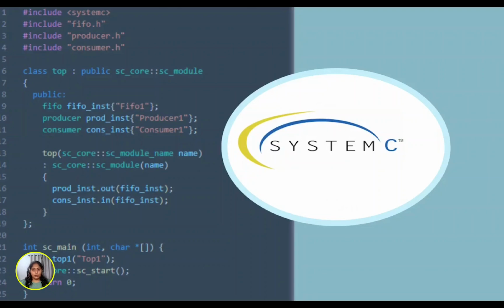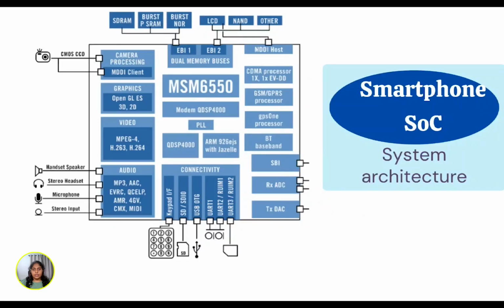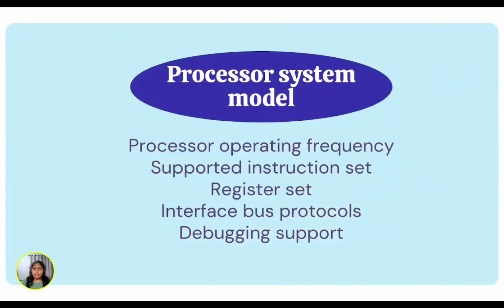Now that we broadly saw the tasks of a system architect, let's zoom into a smartphone processor design. The main areas of focus for a system architect of a processor would be detailing aspects like the operating frequency, instruction set, the interface protocols, and guiding the designers towards the intended high-level features.